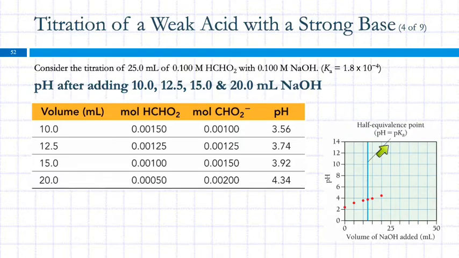So at the half equivalence point, the pH is equal to the pKa. That's for weak acids. Because at this point, you've neutralized half of the weak acid, so the concentrations of weak acid and its conjugate base are equal, and it's a really great buffer. And in the Henderson-Hasselbalch equation, when those two concentrations are equal, pH is equal to pKa.